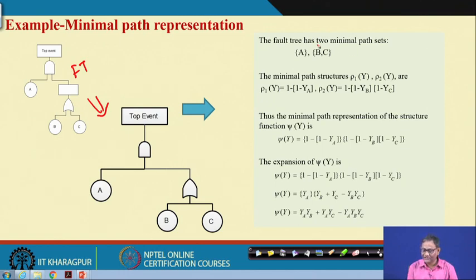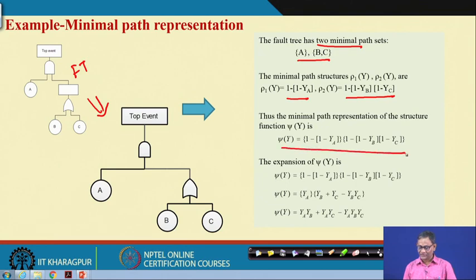So, how many path sets? 2 path sets, and so here rho 1 y will be nothing but y a, and rho 2 y will be nothing but this. Okay. So, rho 1 y a, rho 2 y a is found, and you put them into this equation, you get this final. This is my representation for the structure function.